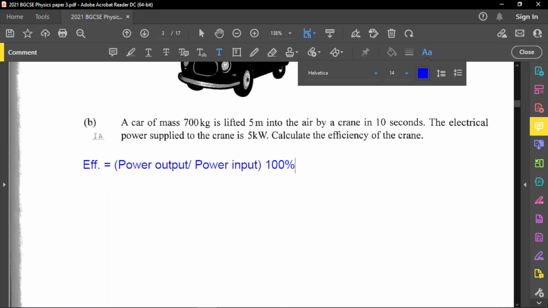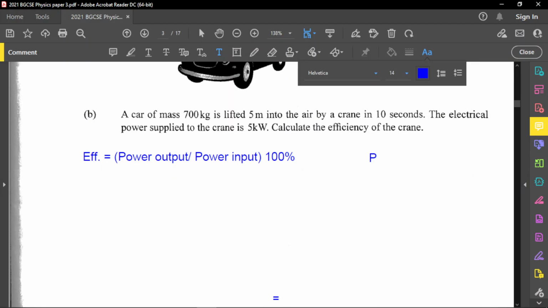Good. Now, once we have that formula, what we can do is break down the question in terms of power. Just to make a note, to find power, it is equal to work over time. Power equals work divided by time.